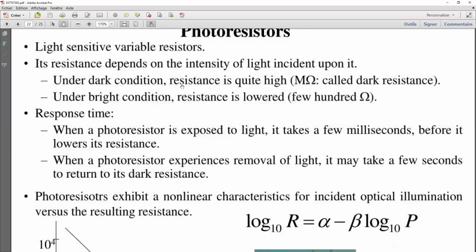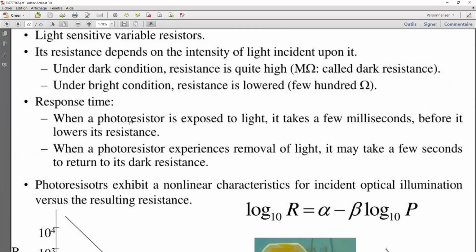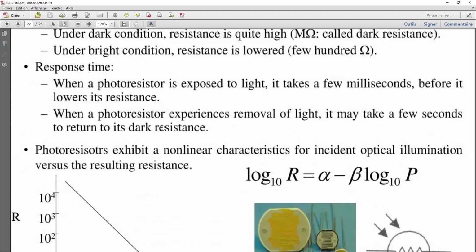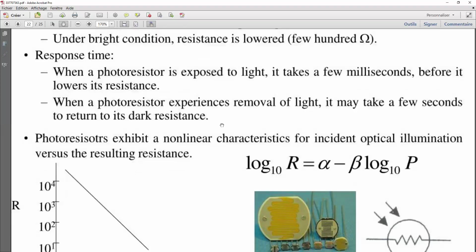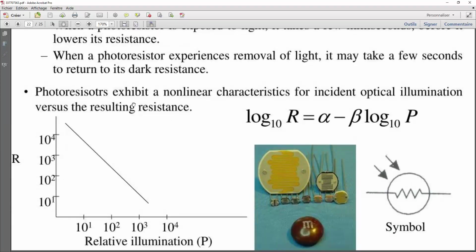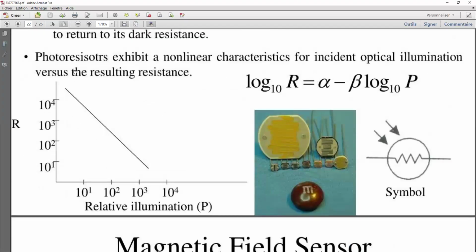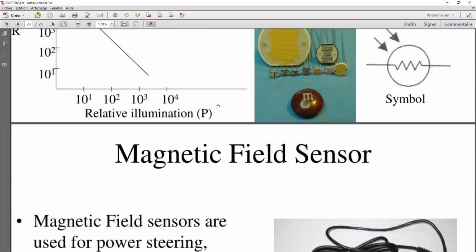Under dark conditions, resistance is quite high, called dark resistance. Under bright conditions, resistance is lowered, to a few hundred ohms. Response time: when a photoresistor is exposed to light, it takes a few milliseconds before it lowers its resistance. When light is removed, it may take a few seconds to return to its dark resistance. The photoresistor exhibits a nonlinear characteristic for incident optical illumination versus the resulting resistance.